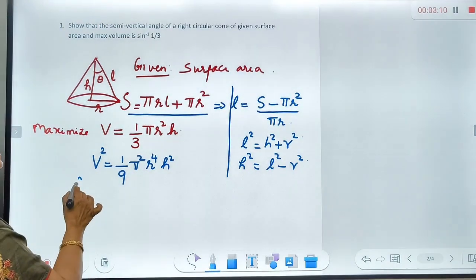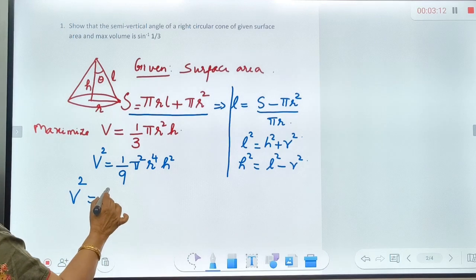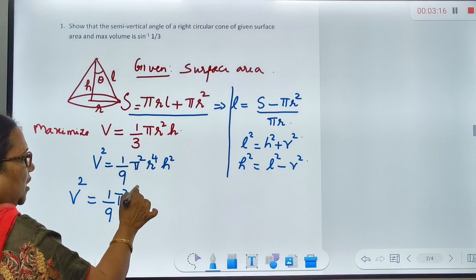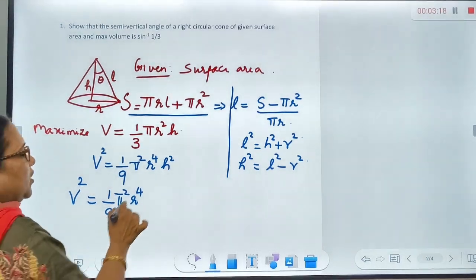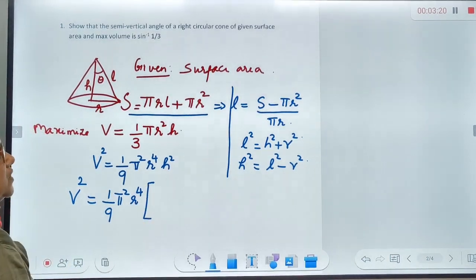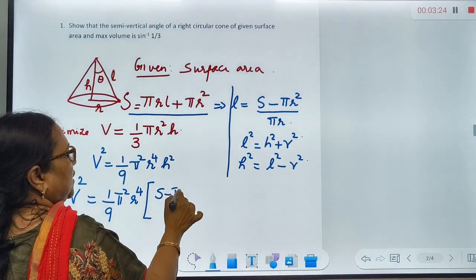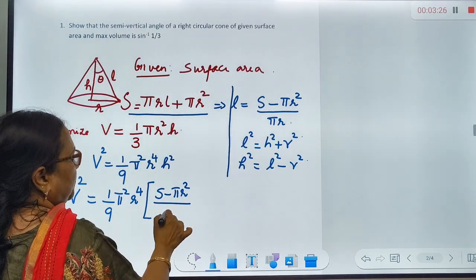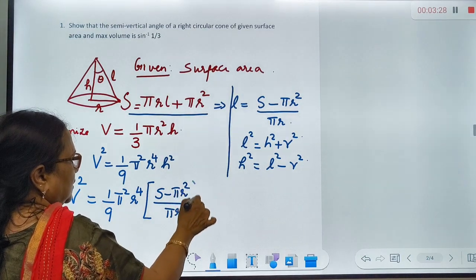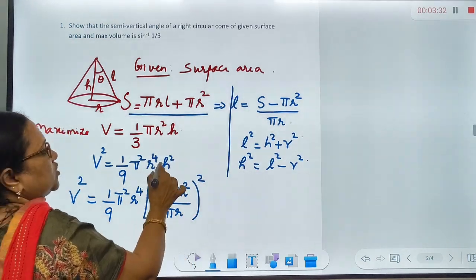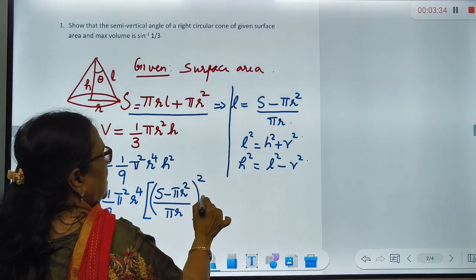So V square is 1 by 9 pi square r power 4 h square, which is L square minus r square. L square is what? S minus pi r square by pi r, the whole square.